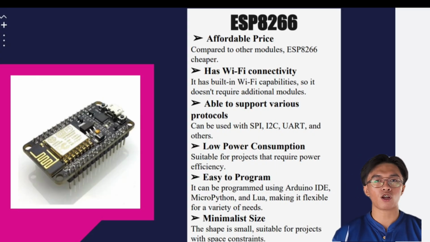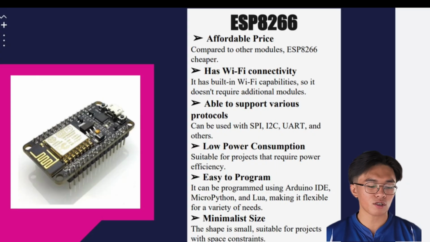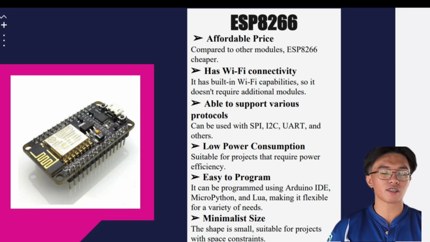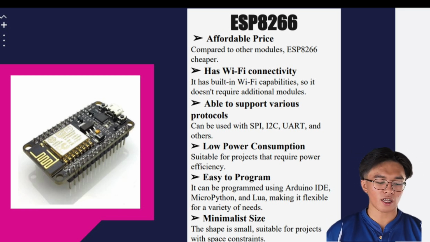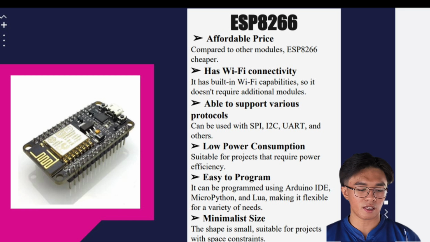Now I will explain the hardware and electrical of our robot. We use the ESP8266 microcontroller because ESP8266 has an affordable price, has Wi-Fi connectivity, is able to support various protocols, and has lower power consumption.